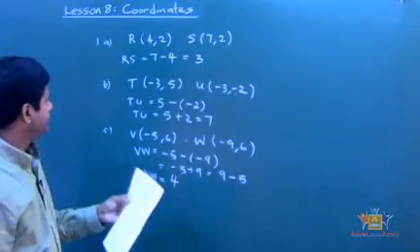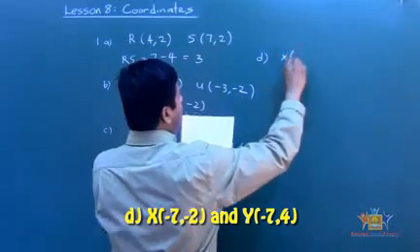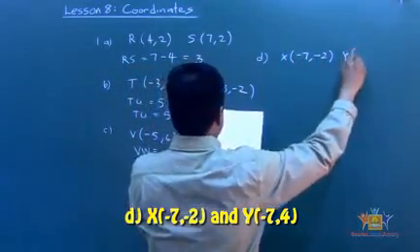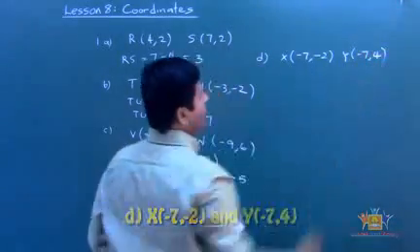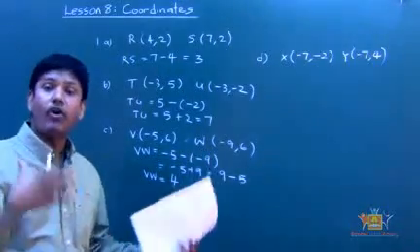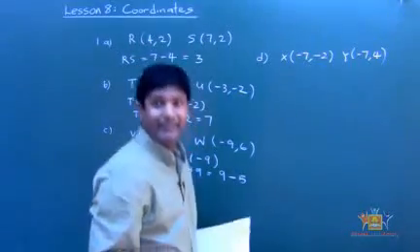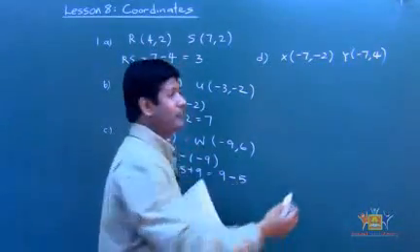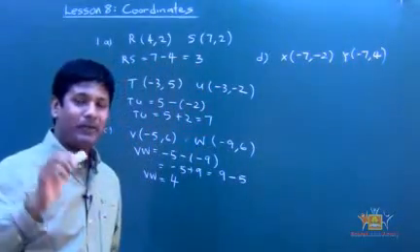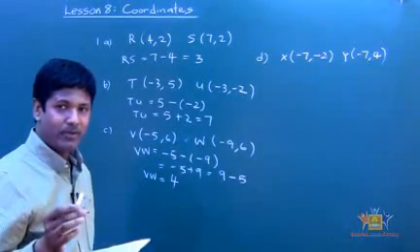Okay, good. Let's do problem D. Again you're given 2 points. Point X is negative 7, negative 2, and Y is negative 7, 4. Same thing like we've been doing: first we compare the coordinates. Let's start with the X coordinates. Negative 7, negative 7. They're identical. That means we take the difference of the Y coordinates, negative 2 and 4. And again, how should the arrangement be?